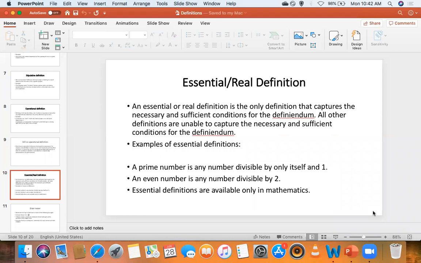So if, for instance, it is a definition that is not an essential one, for instance, a table is an object.